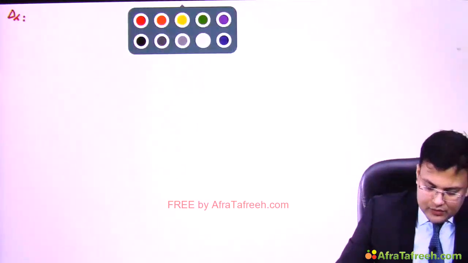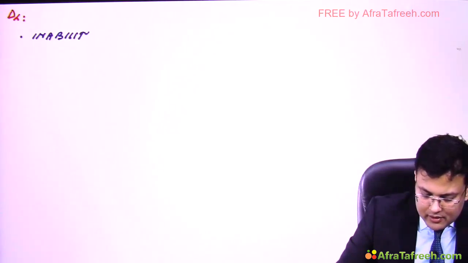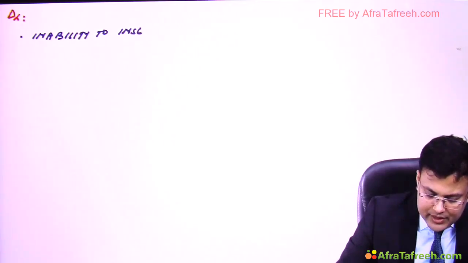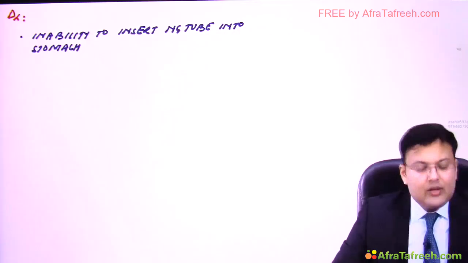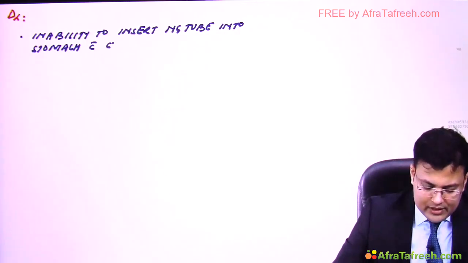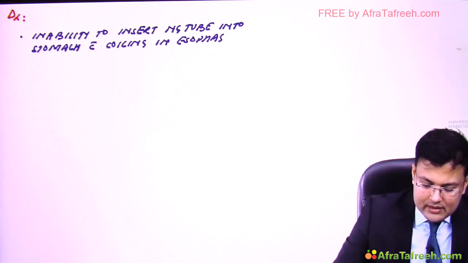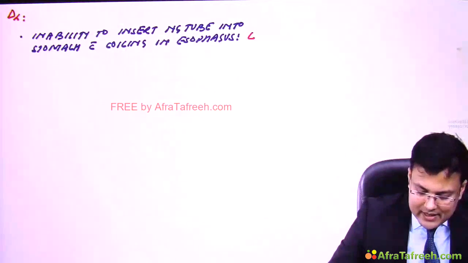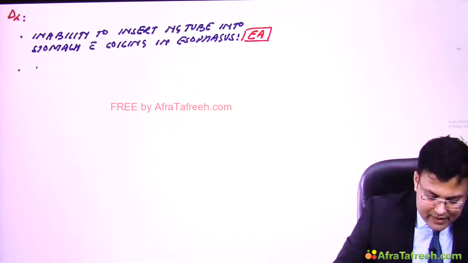Diagnosis. So first important point, inability to insert nasogastric tube into stomach, with coiling in esophagus. Clear? And this is suggestive of what? Esophageal atresia. One point. Second important point, presence of gas below diaphragm.